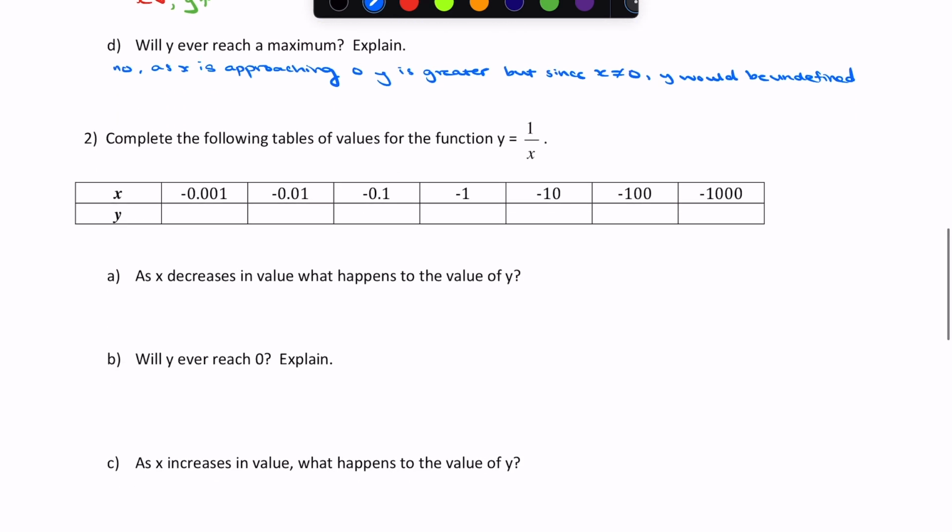Okay, so now let's complete the table of values for, again, the function y is equal to 1 over x. But now we see that the values of x are negative.